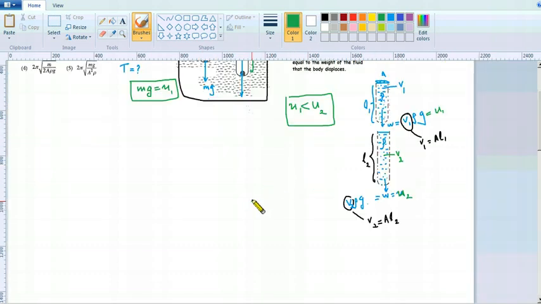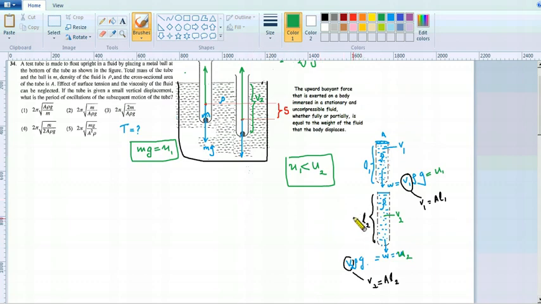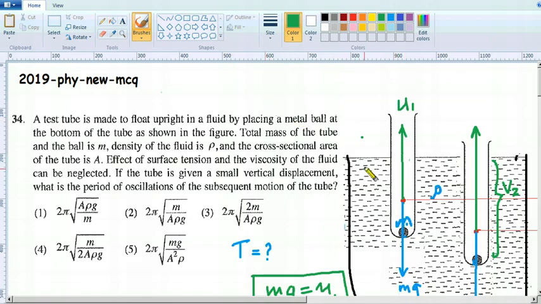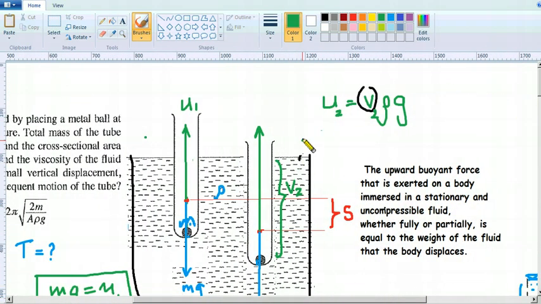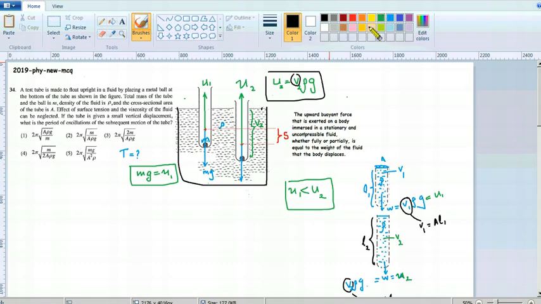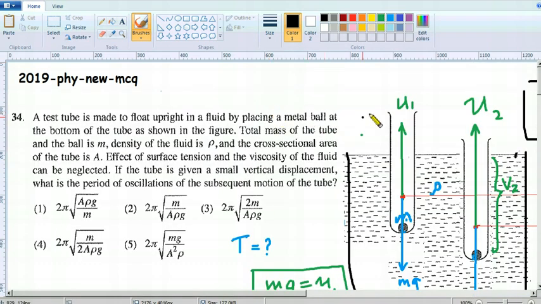We have to understand that L2 is greater, therefore the upthrust must be greater. So here the upthrust U2 is given by this equation. So children, now we know this U2 is greater than U1.